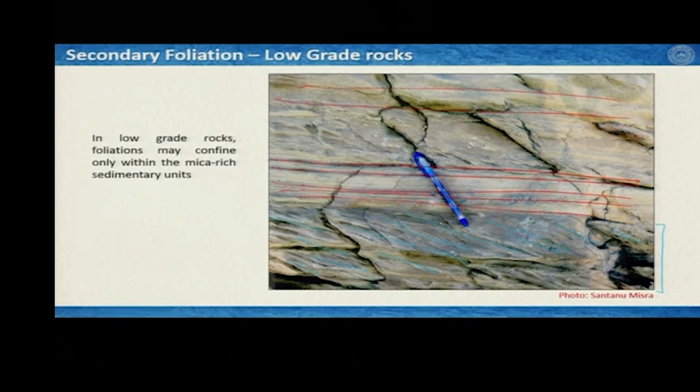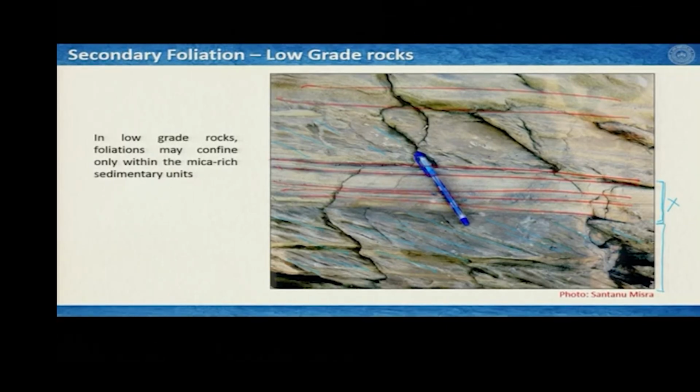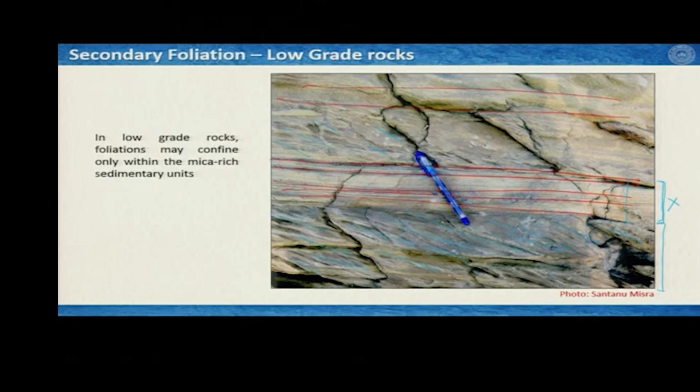Interestingly, the foliations are not present in this layer, but it is faintly present in this layer and so on. So, why are these foliations or secondary fabrics not present in these particular layers? It is because, as you can see from this composition, this is mostly sand rich grains, and this one is appearing like consisting of mica and so on.